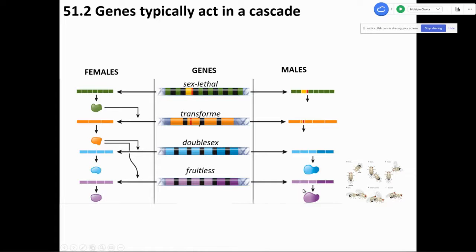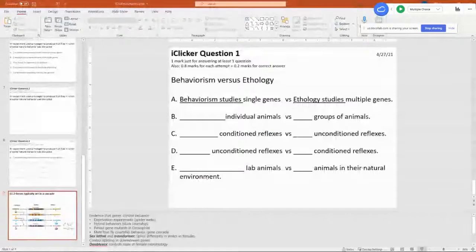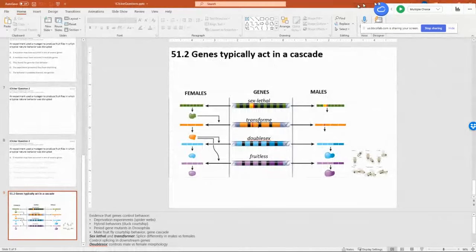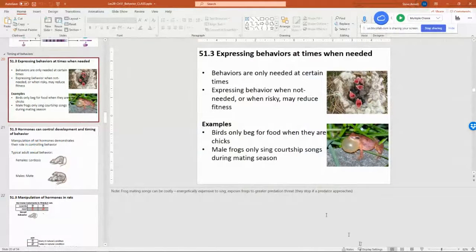You could have mutations in multiple genes, but option B said a mutation must have occurred in multiple genes, and that's not true, because it could have occurred in a single gene. So that's where we got to with respect to the behavior. I'm just going to close that down and get to where we were in this discussion.